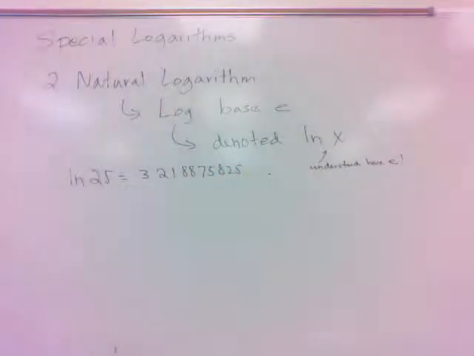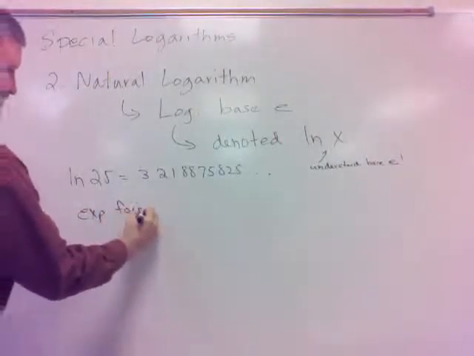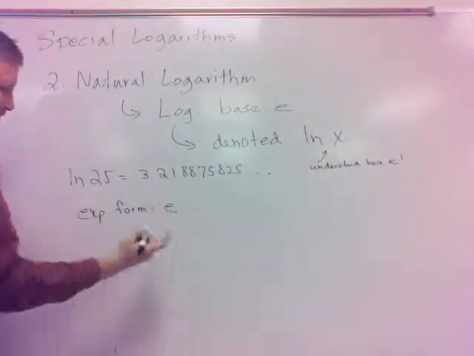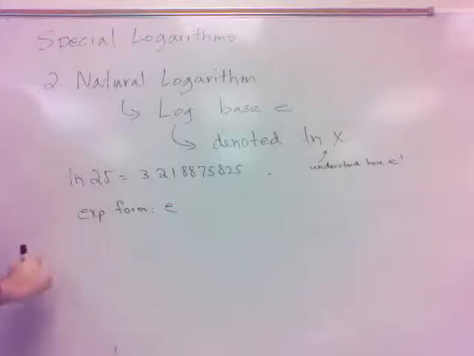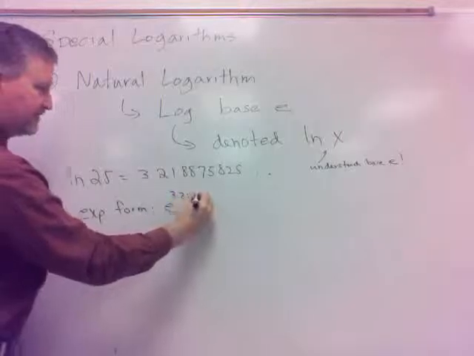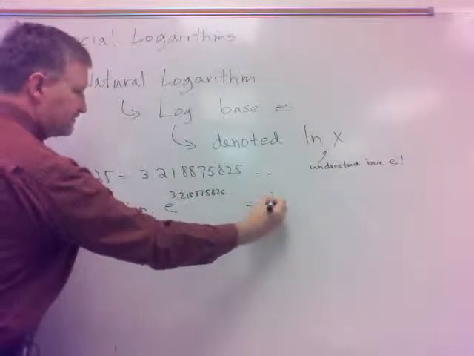That's what my calculator shows. What's that in exponential form? Well, again, there's not a base showing, but in exponential form, this is base e. So I put e to the 3.218875825 equals 25.